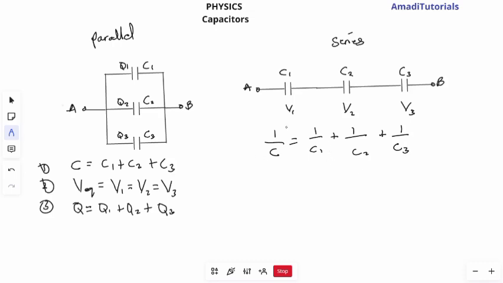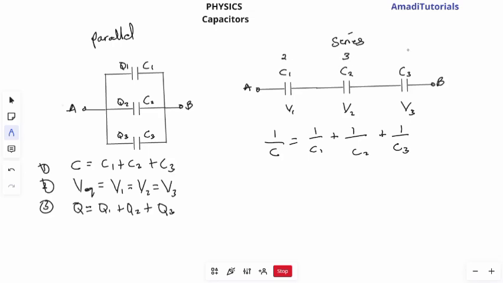This is the formula for evaluating the equivalent capacitance of capacitors connected in series. When you are solving, after inputting the values, you have to make C here the subject of the formula.